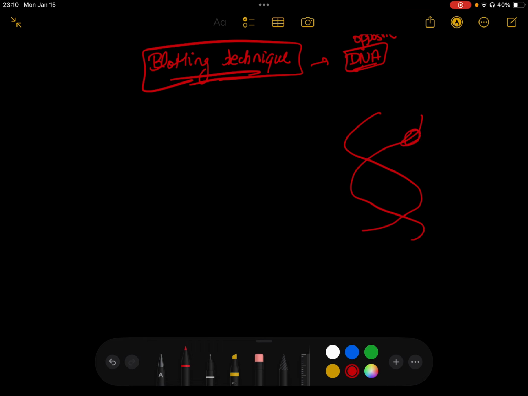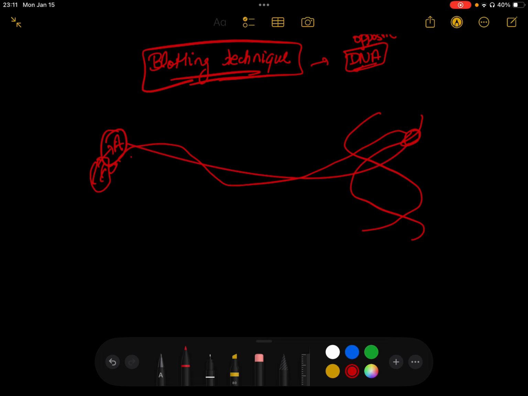So there is a complement DNA of it, which is opposite of it. So I will make that DNA. I will make a probe with this DNA, and basically this part, this A, will get attached here. It will get attached to this part only because this A is the complement of this. So we can track the location of this DNA.